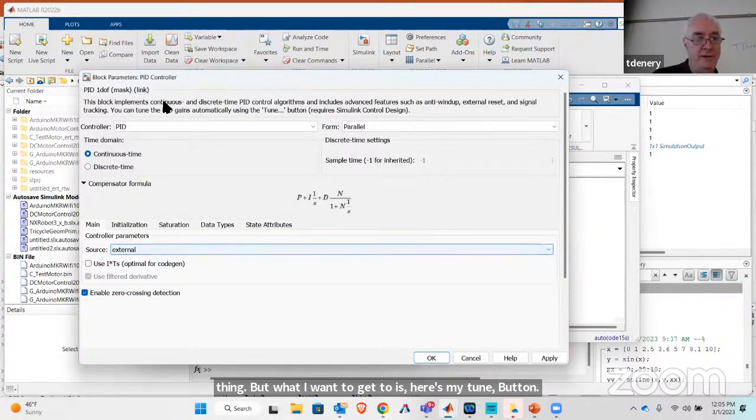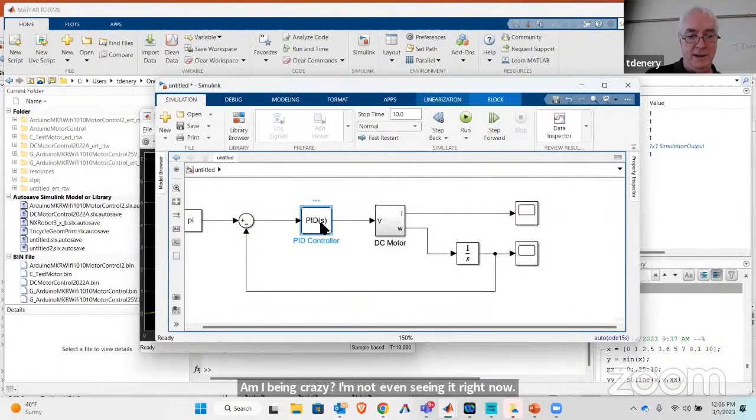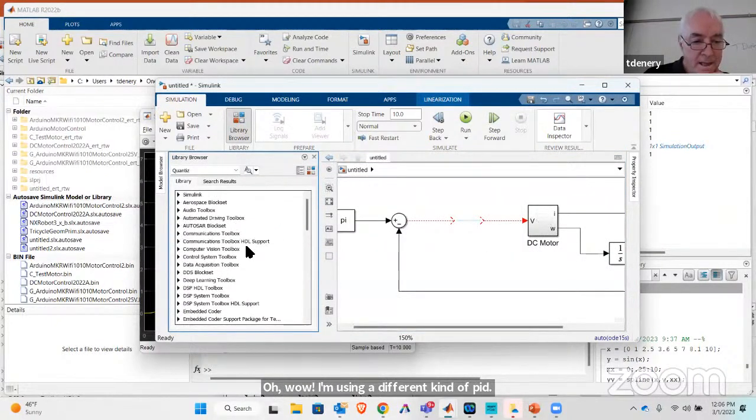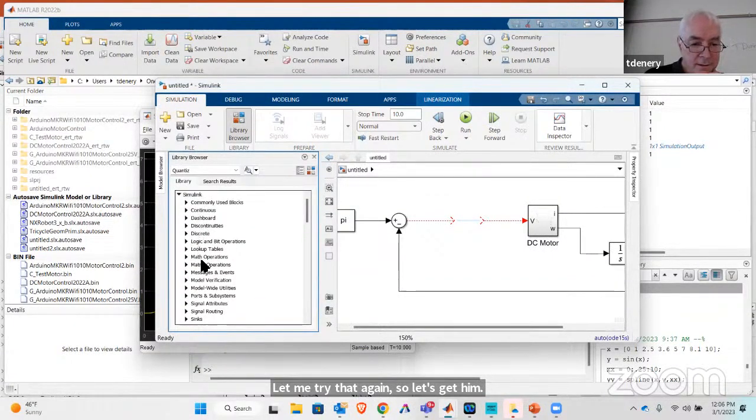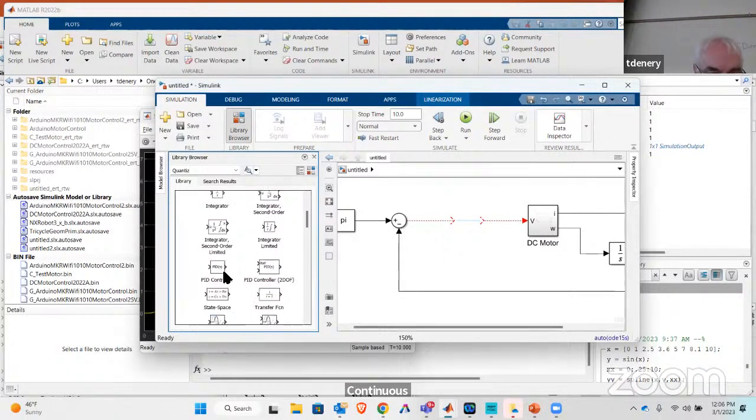Okay, am I being crazy? I'm not even seeing it right now. Oh, I'm using a different kind of PID. Let me try that again. So let's get a Simulink, Continuous, PID controller.